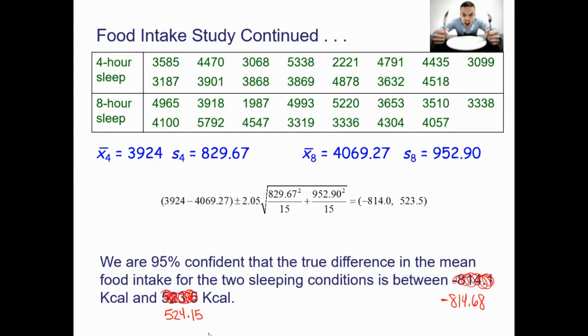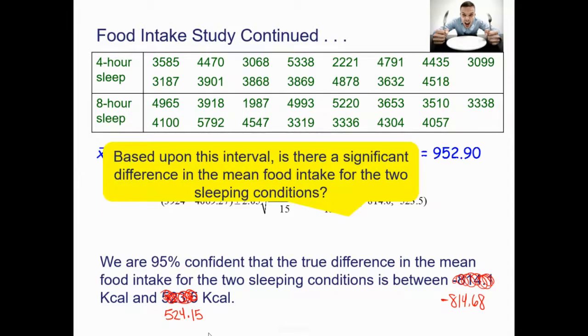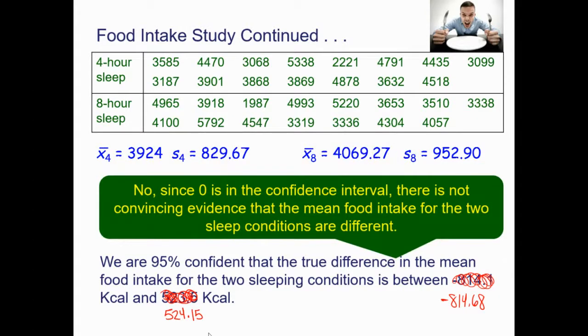So we're 95% confident that the true difference in the mean food intake for two sleep conditions is between those values. Now, notice that 0 is in our confidence interval. Not only is 0 in the middle, it's almost exactly in the middle.